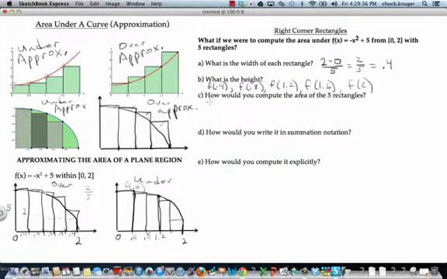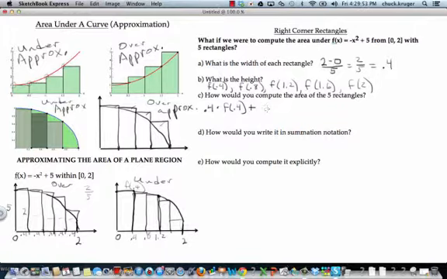So how would you compute the area of each of these? Well, I would have 0.4 times f of 0.4 plus, that's the area of one rectangle, right?